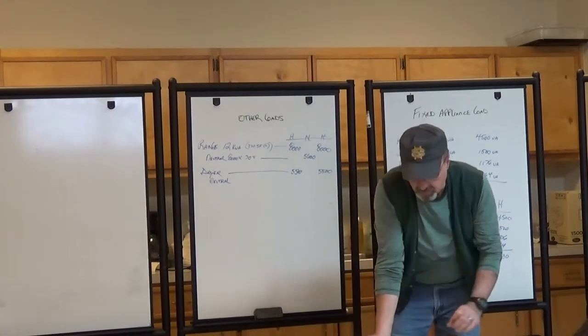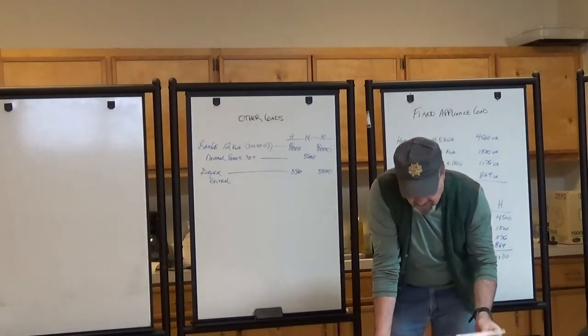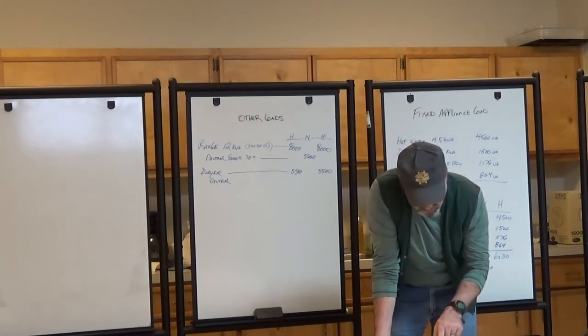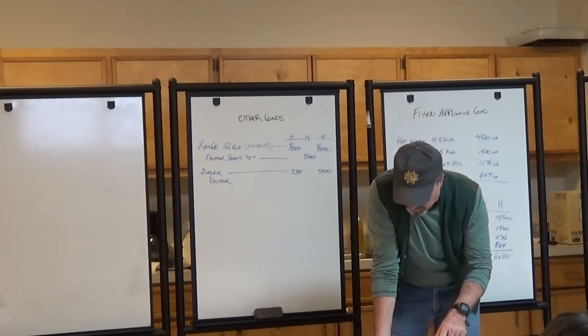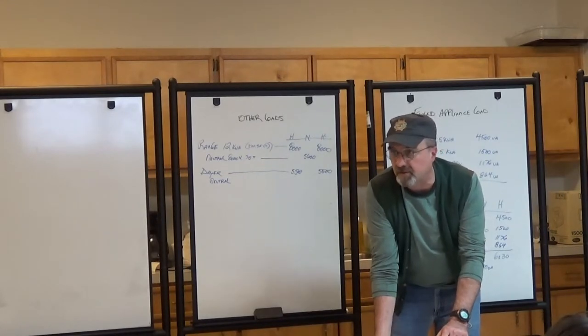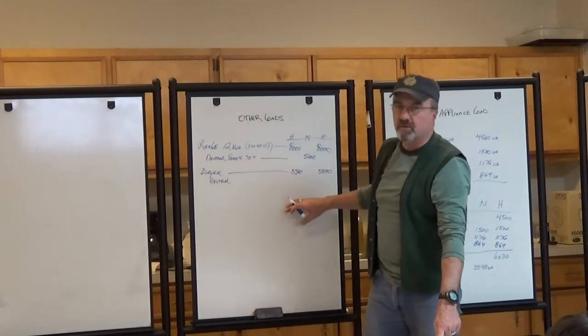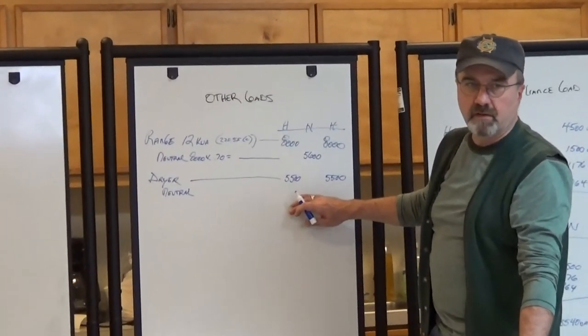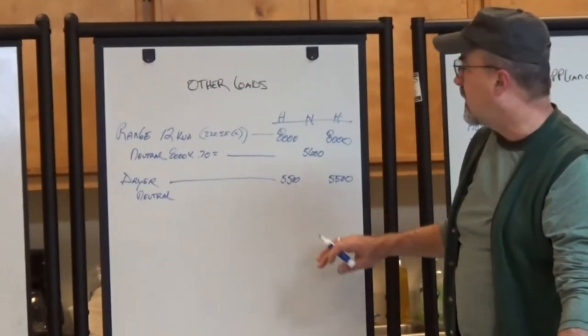NEC 220.61(B), 70%. Just like on the range, we can give the neutral a 70% demand factor because we don't need as much power on the neutral as we do on the heating elements in the dryer.